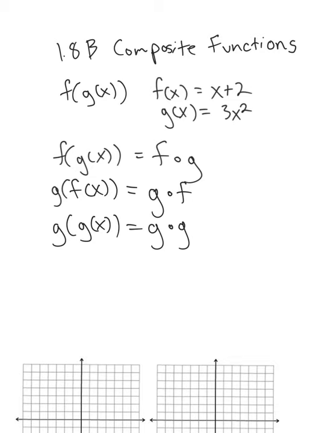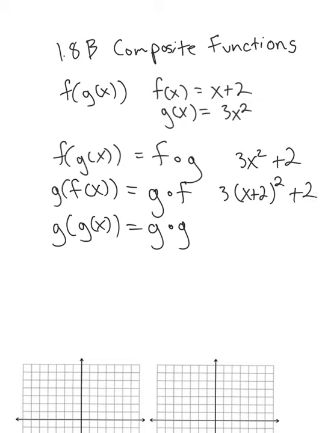So if we have f of g of x, that means we take 3x squared and we put it where x is. So this is 3x squared plus 2. g of f of x, well, we put x plus 2 wherever there's an x. This is actually 3 times x plus 2, and then we would square it.